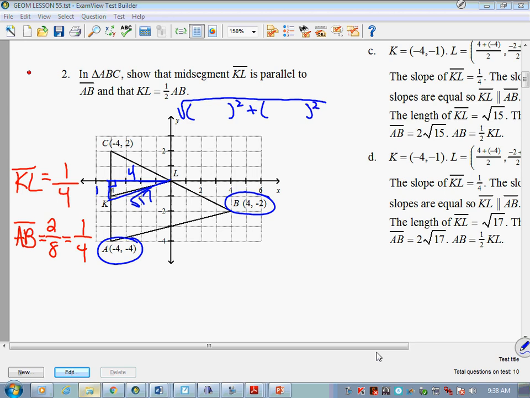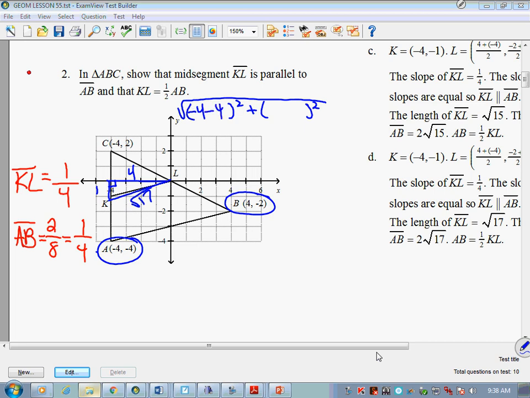Okay? What do I put in my first set of parentheses here? Negative 4 and 4. So you're putting both the x and the y of A in the first set of parentheses? The x value of A and the x value of B. All right, so you're going to do negative 4 minus 4.